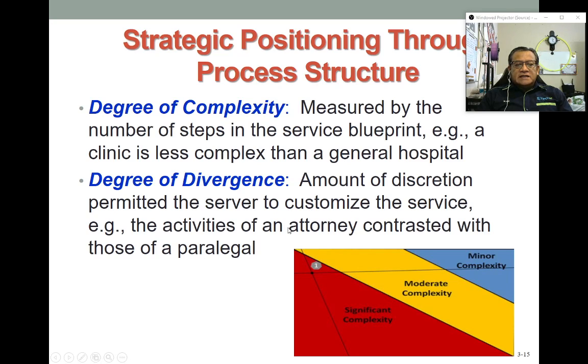An attorney has more divergence compared to a paralegal or advisor. Whether it is highly complex, moderately complex, or quite simple, it will determine the process structure of delivering the innovative service.